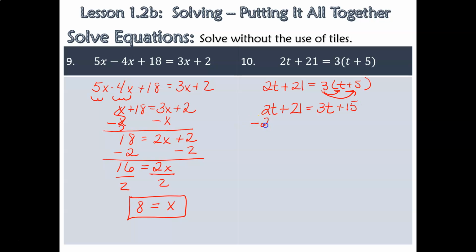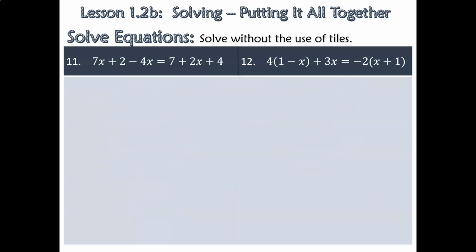I think I'm going to subtract 2t from both sides. So I have 21 equals t plus 15. Now I'm going to undo that addition by subtracting 15 from both sides. So I have 21 minus 15, which is 6.